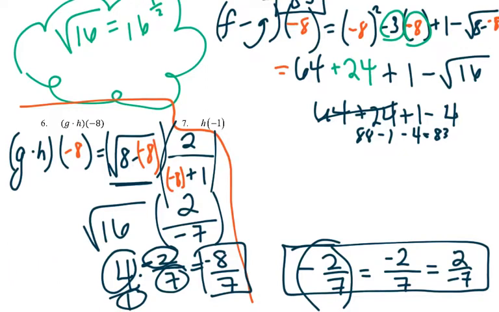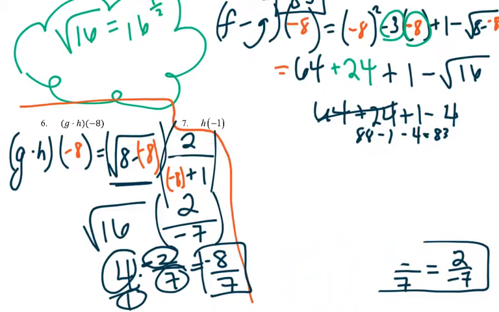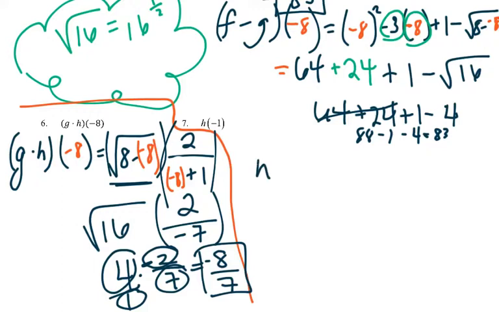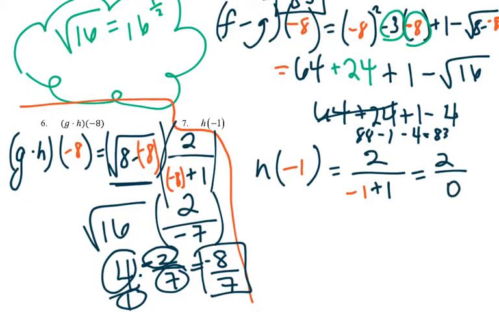All right, the last one is h of negative 1. So h of negative 1 is just going to be 2 over negative 1 plus 1. That's 2 over 0, because negative 1 plus 1 equals 0.